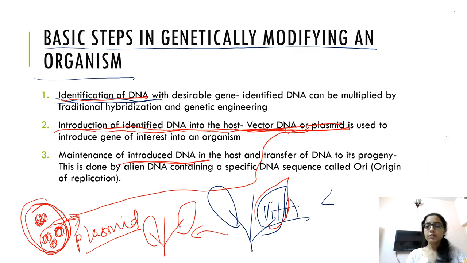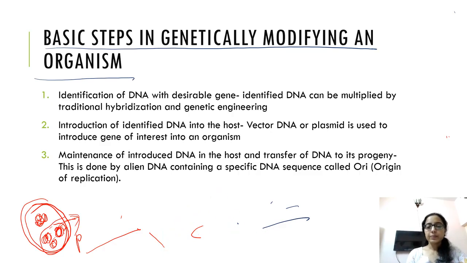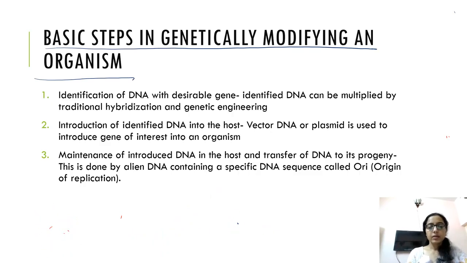First step is identifying the new DNA. Second step is introducing this new DNA into the host, and third one is maintenance. These are the three main basic steps for obtaining a modified organism.